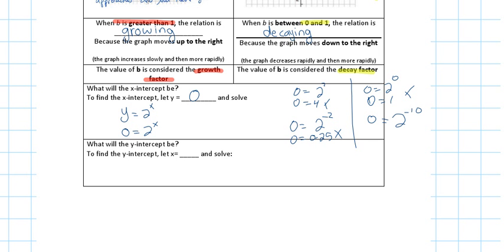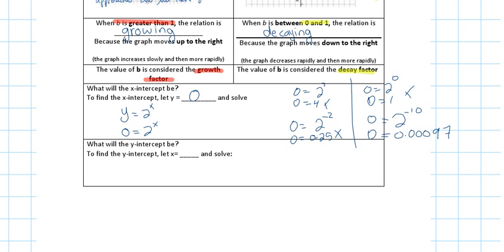No. So you're going to do 2 power negative 10. So if I do 2 to the power of negative 10, that's going to be 0.00097. Again, it is not equal to 0. It's getting close to 0, but it's not equal to 0.